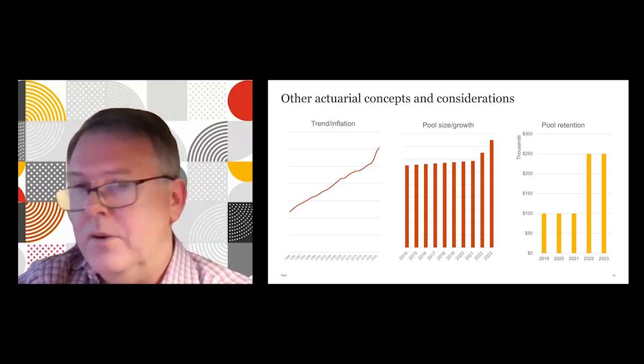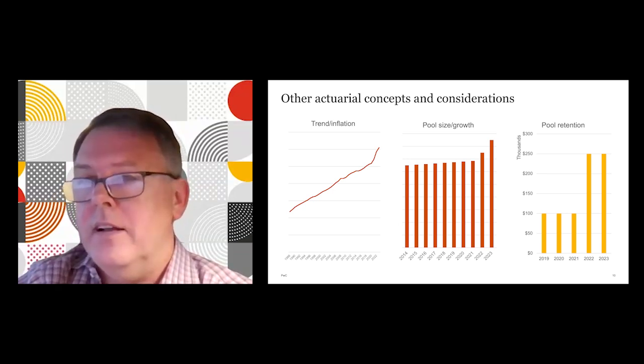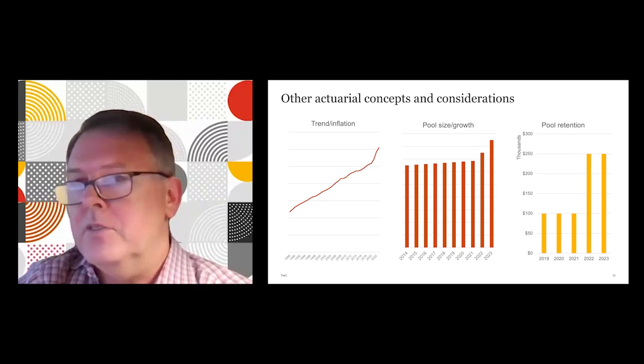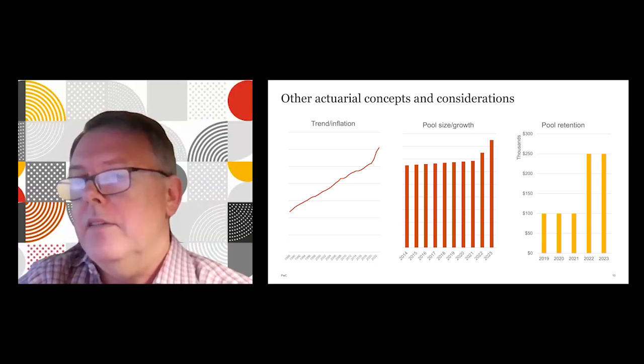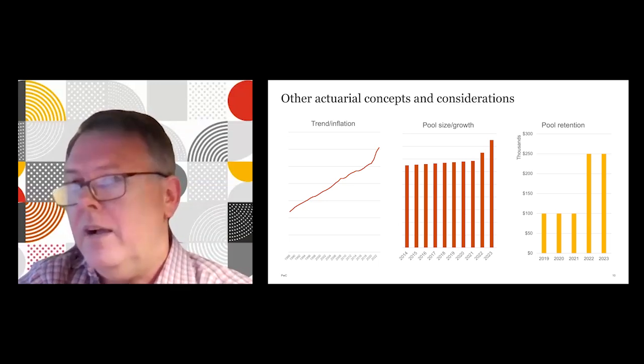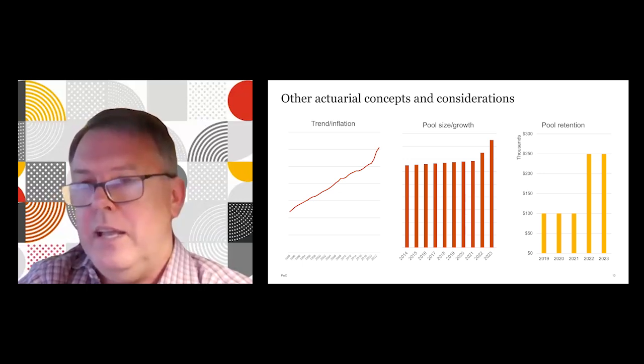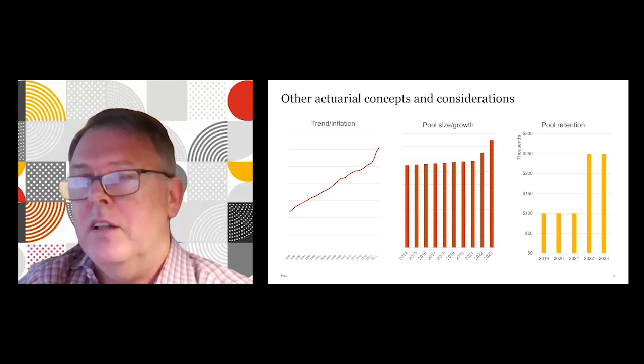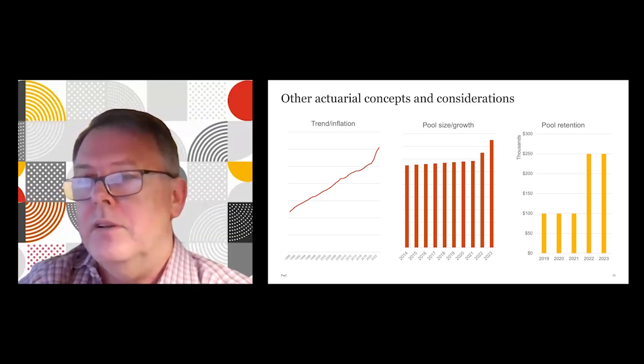But in recent years, they were forced to increase that 100,000 retention or deductible up to 250,000. So if they're responsible for the first 250,000, that would suggest that maybe the losses in these years are going to be higher simply because the pool is retaining more of the loss and isn't transferring as much of the loss off to the reinsurers.